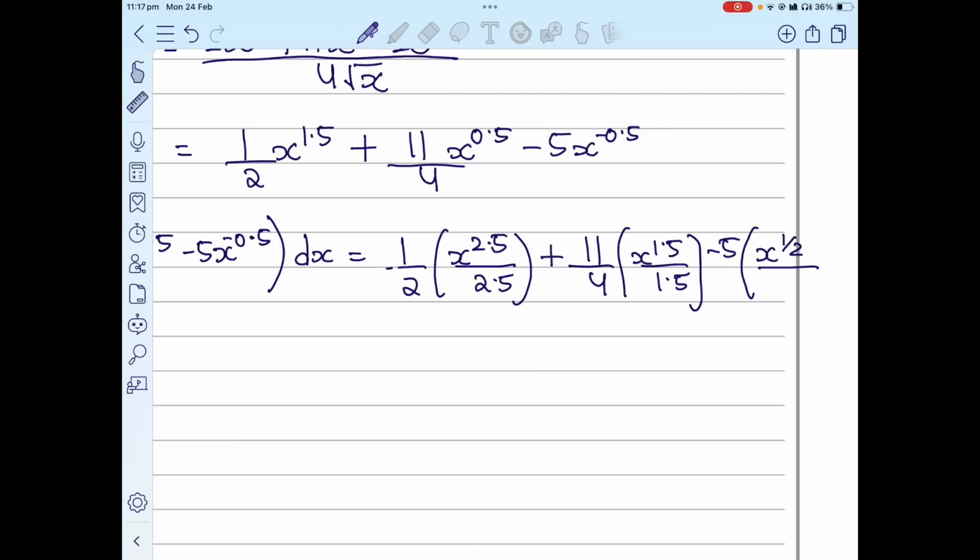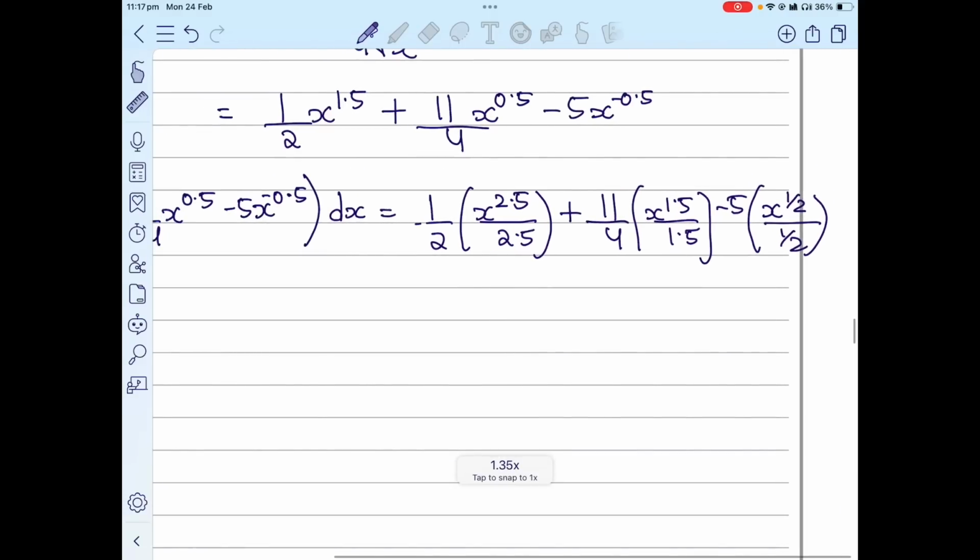I'm just adding 1 to the power and dividing by the new power: 1.5 becomes 2.5, 0.5 becomes 1.5, and negative 0.5 becomes 0.5.